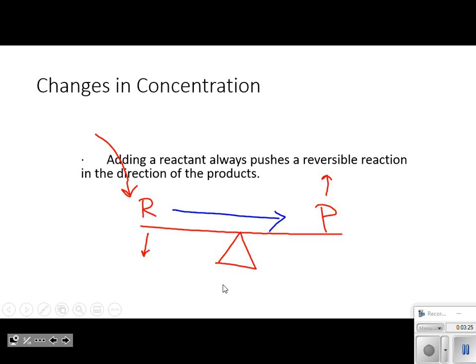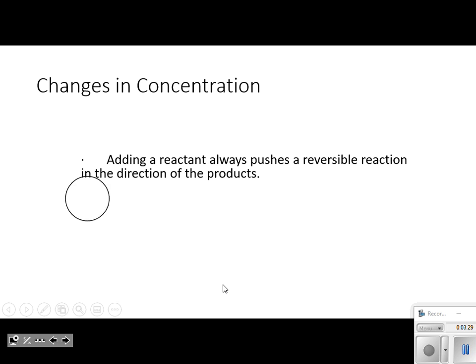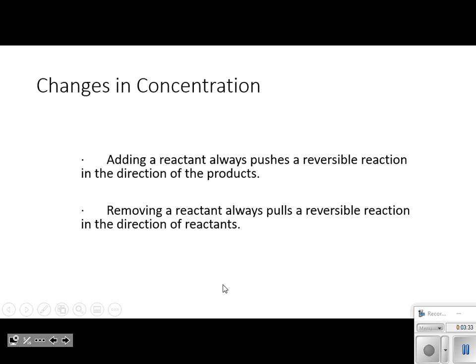Now, the next thing, I'm going to get my teeter-totter out of here because I'm going to put some words over it. The next thing says that if we remove a reactant, okay, so I take reactants away, what's going to happen to the teeter-totter? The reactant side's going to go up, the product side's going to go down, right?